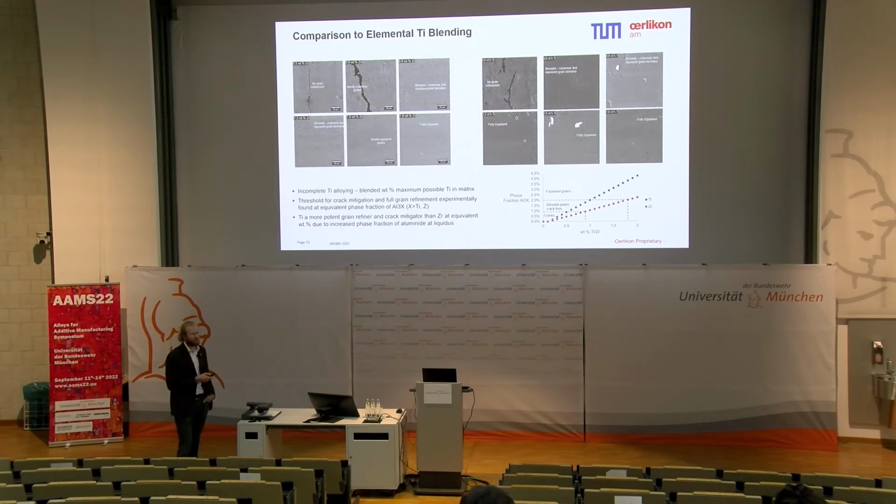Titanium is a more potent grain refiner at equivalent weight percentages because it's a lighter element, right? The mechanism by which we're stopping the cracking and getting a fully equiaxed grain structure is heterogeneous nucleation of the FCC grains. That's based on the molar fraction or volume fraction of that precipitate in the melt when the FCC starts to solidify.